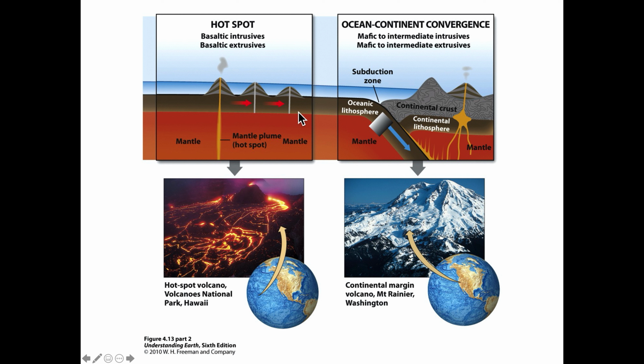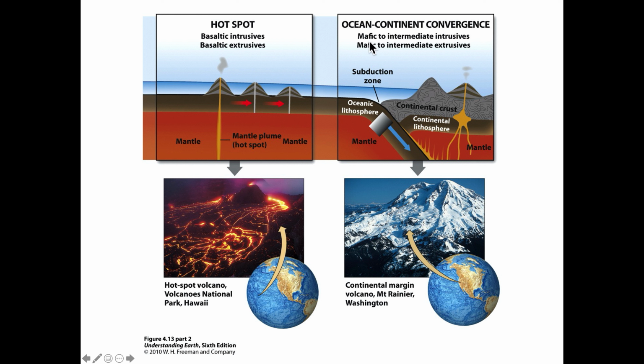Either way, relative to one another, they're moving. The oldest Hawaiian Islands are way up here, the Emperor Seamounts. The youngest Hawaiian Islands are down here, being formed today, literally today. That activity in the middle of the Pacific is going to generate basaltic intrusives and basaltic extrusives because the chemistry of the mantle is basaltic, the upper mantle anyway.